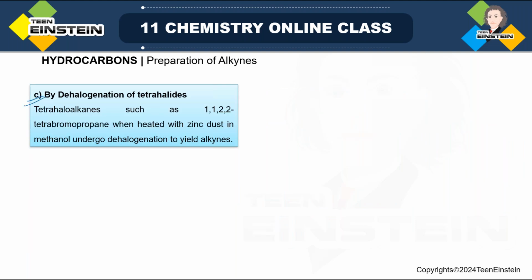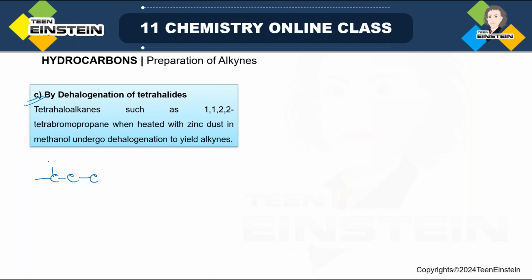After B, next we have C, where we will do dehalogenation of tetrahalides. Four halogens will be there. Tetrahaloalkanes such as 1,1,2,2-tetrabromopropane. Propane is 3 carbons, right?